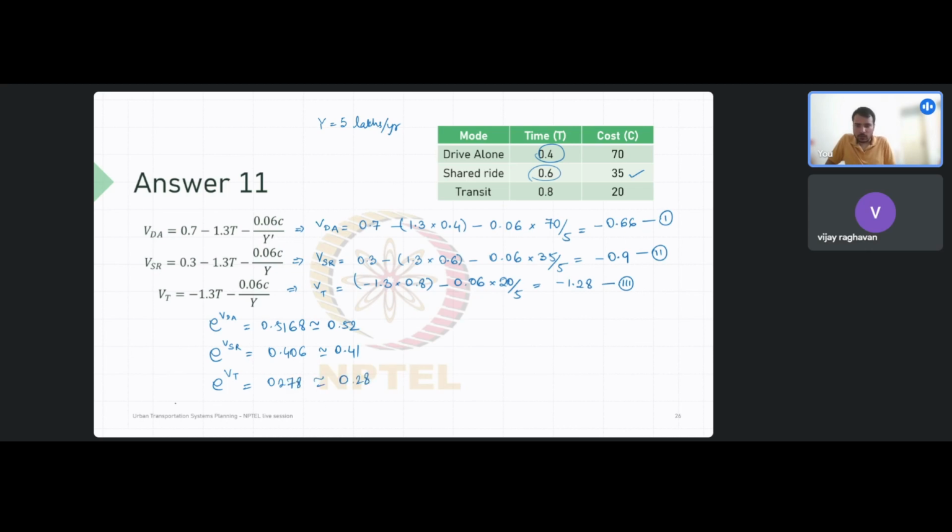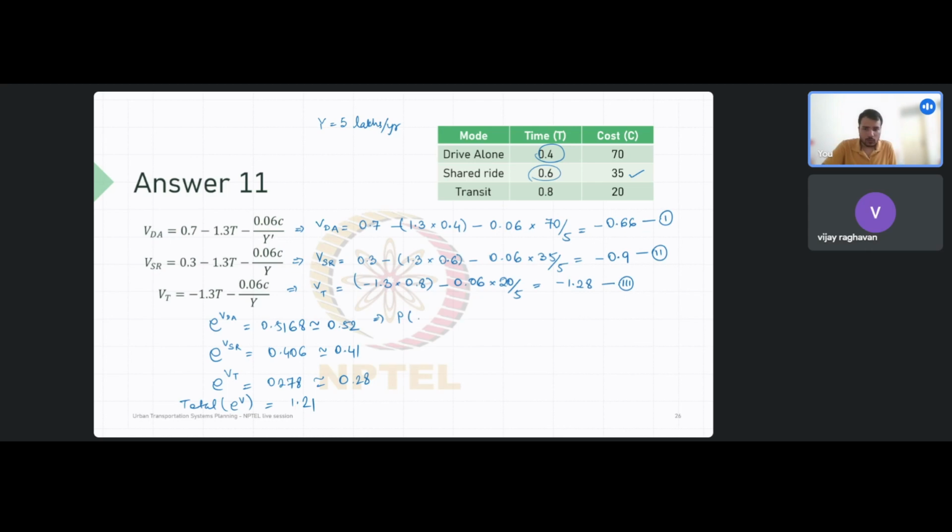So we need the total also for this value. So total of e power V will be 1.21. So now we need to find the probability.